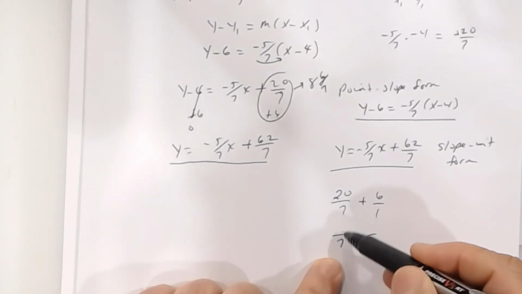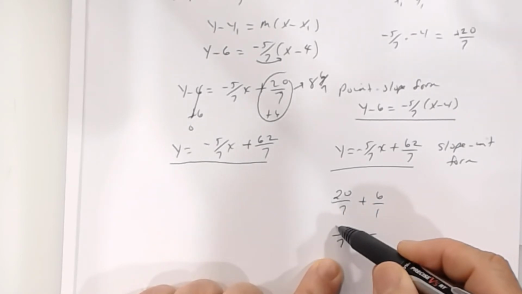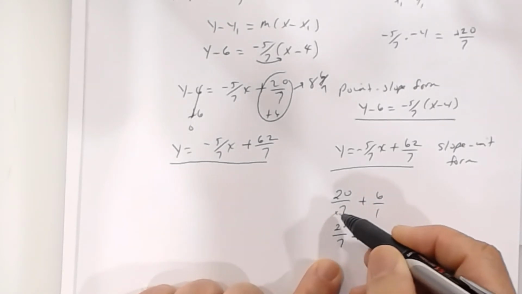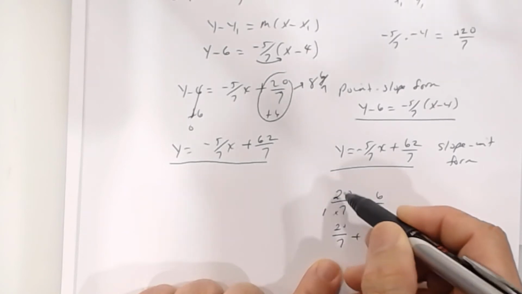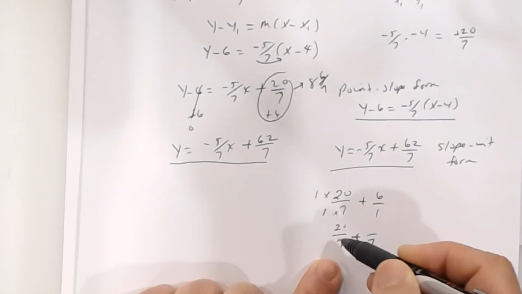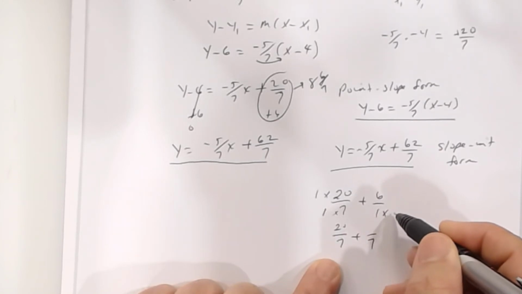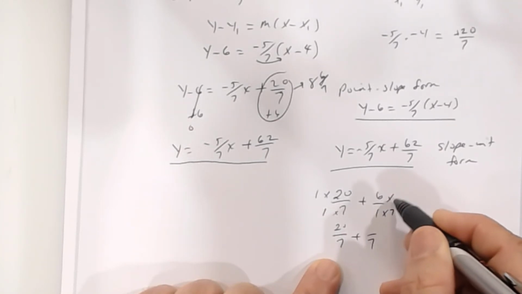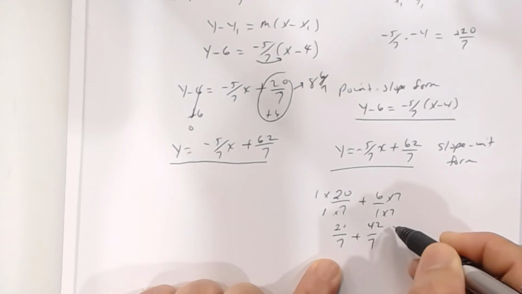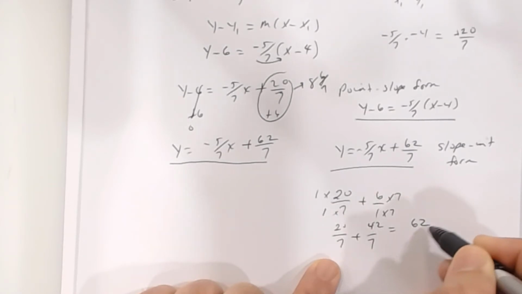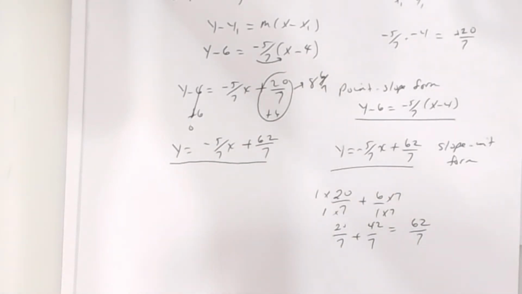These denominators are the same, so these numerators have to be the same, because really you're saying 7 times what? 1, and then 20 times 1 is 20. Here, 1 times what? 7. 6 times 7 is 42, and you get what? 62/7. Okay?